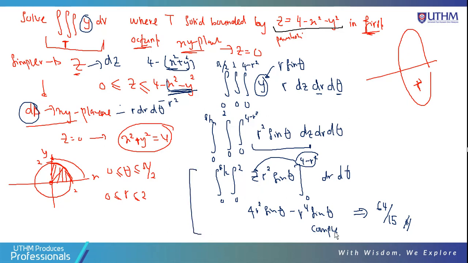So you need to solve this, and the final answer is 64 over 15. Try to solve it and check whether you get the same answer as mine. This is more practice for your knowledge from the previous Maths 1 and Maths 2. Okay, so we proceed to the second example.